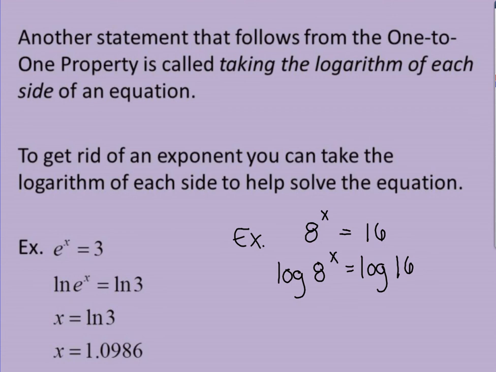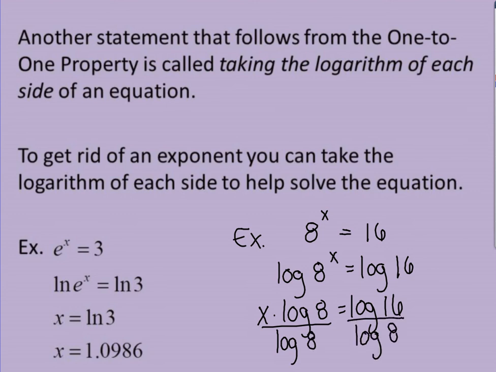Remember, you can bring your exponent out front. Now this is x times the log of 8, so we would divide both sides by the log of 8. And this would give us a value of x is equal to 1.3, repeating.